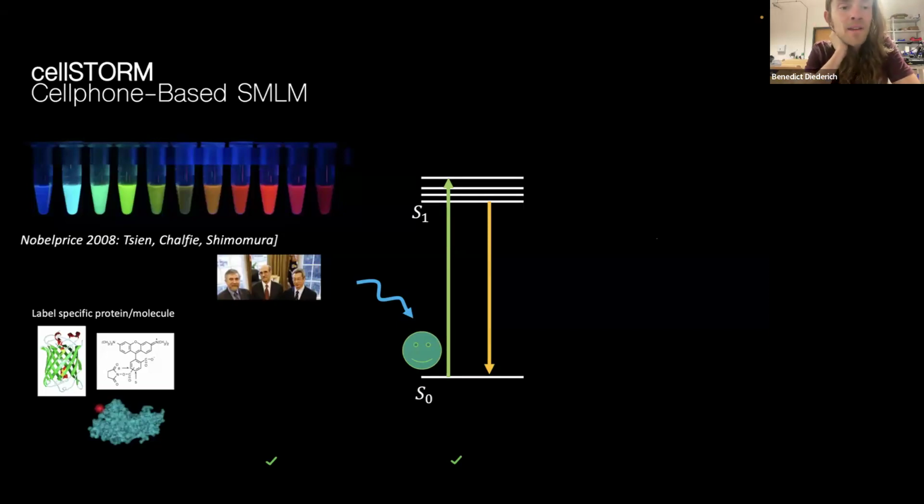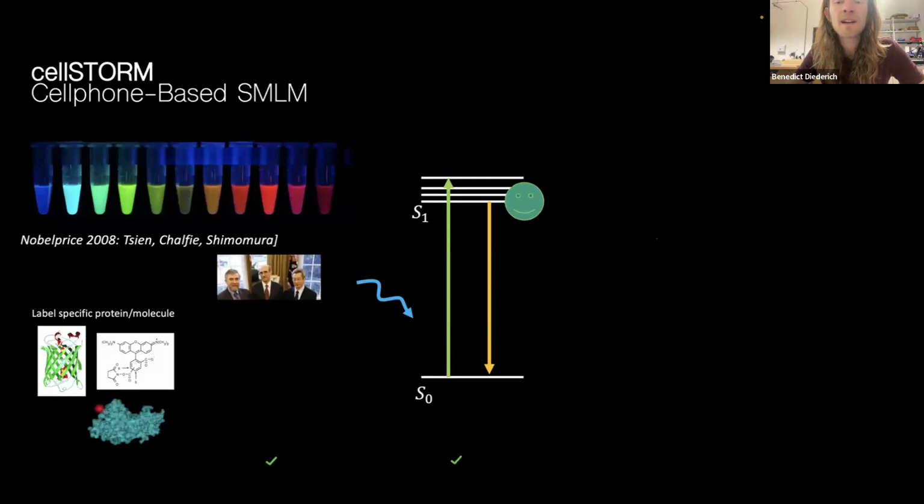This whole field of fluorescent microscopy essentially tries to use fluorescence, where you have a certain molecule that is absorbing light. Then you have an electron that's going from the singlet ground state to the excited state. Some energy is being transferred to the surrounding, so the electron is reducing its energy level slightly.